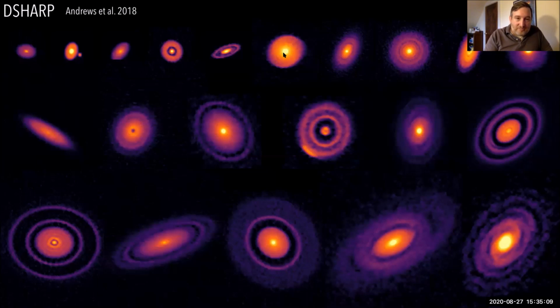I think otherwise JWST is giving us decent imaging in the mid-infrared scattered light. There are some good facilities on the ground now that probably can do just as well, if not better. It's not really a high spatial resolution instrument for protoplanetary disks.